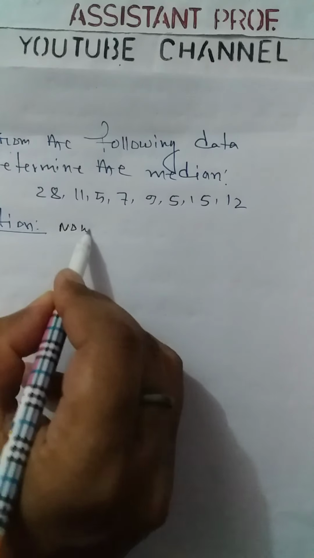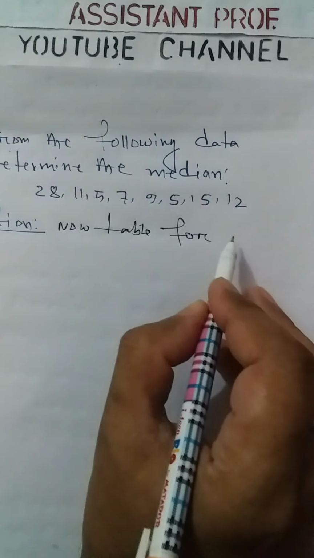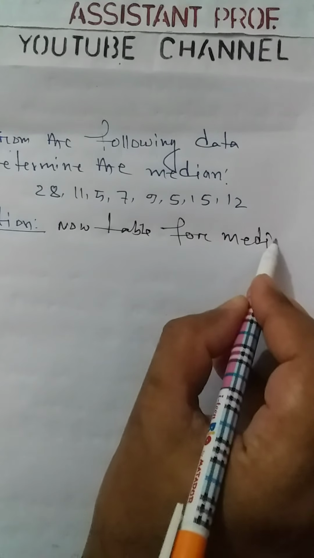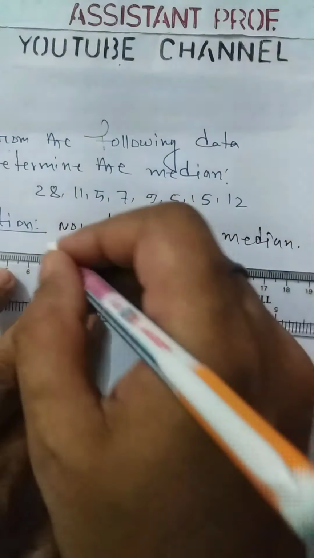Now a table for the median. Same way, the first column is the serial number, then the given data, and the ascending order of data. The first column is the serial number.